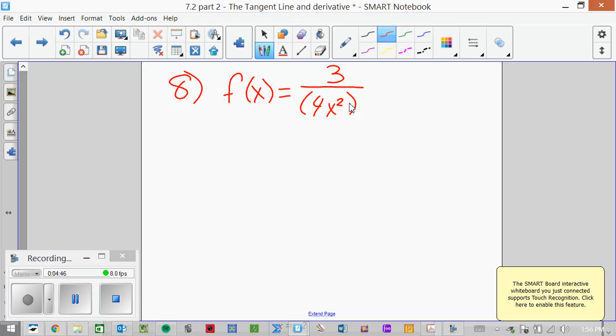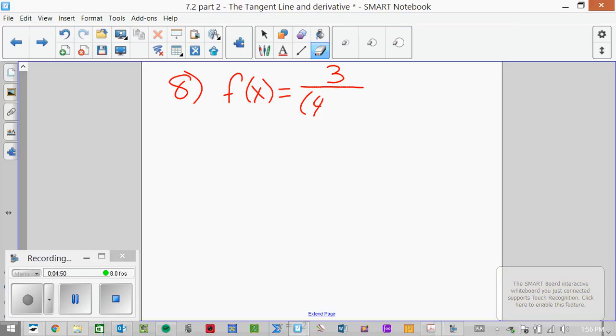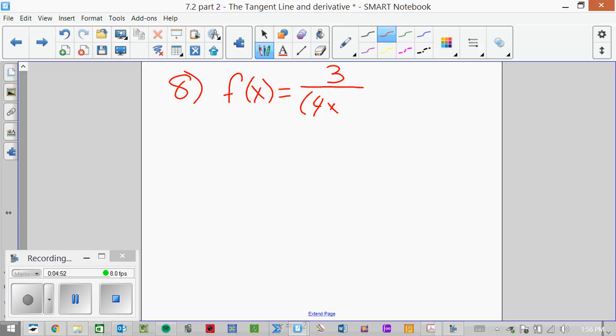Okay. So, first, Kenzie, we have to distribute the power. So that becomes 3 times 4 squared, over 4 squared times x squared, so 3 over 16.